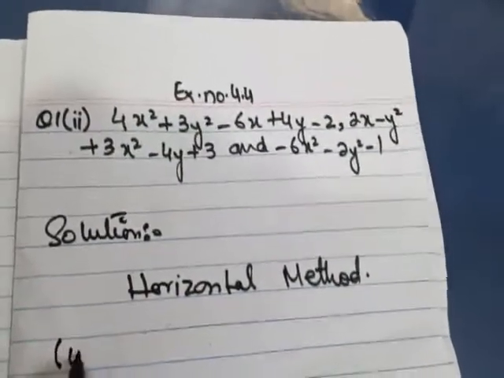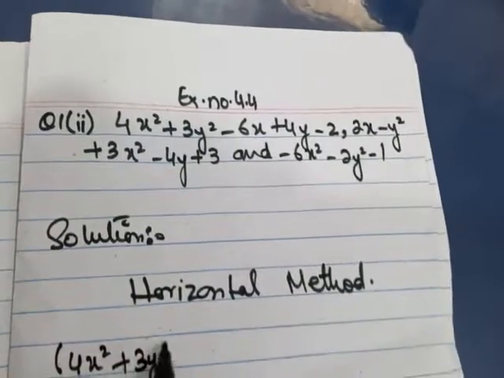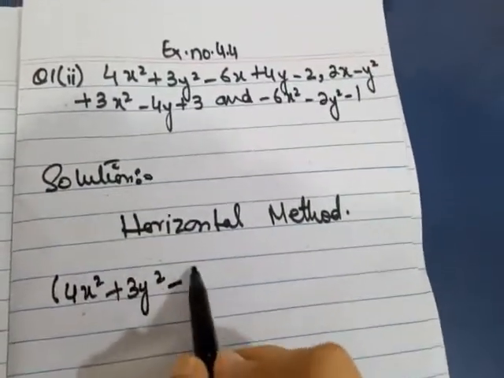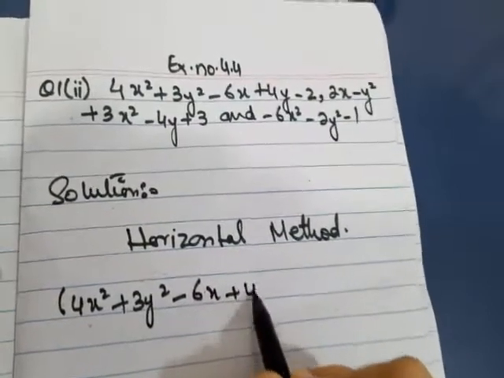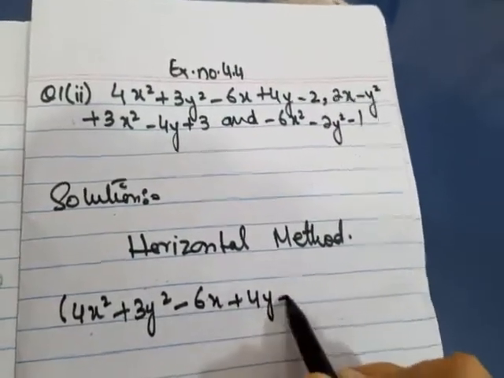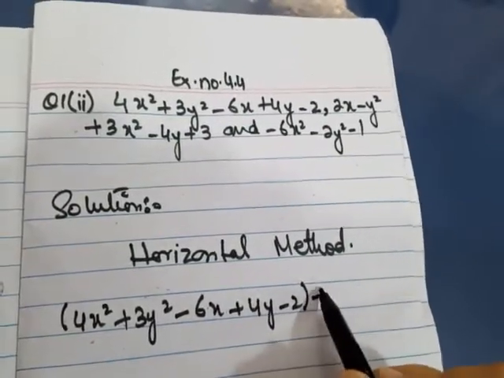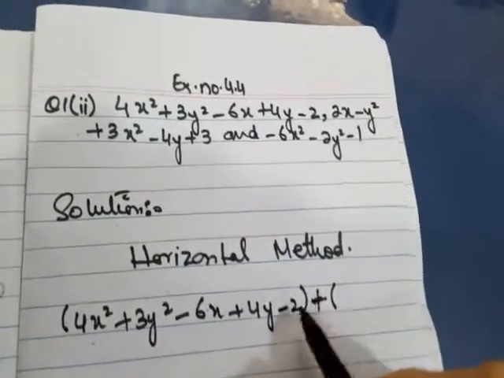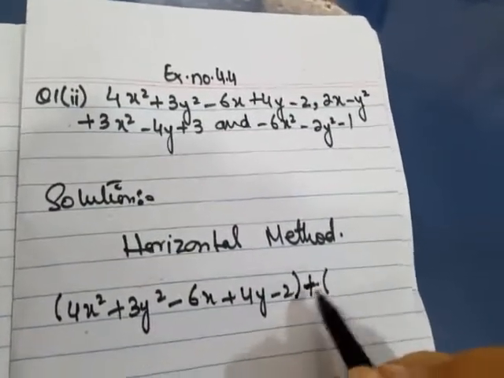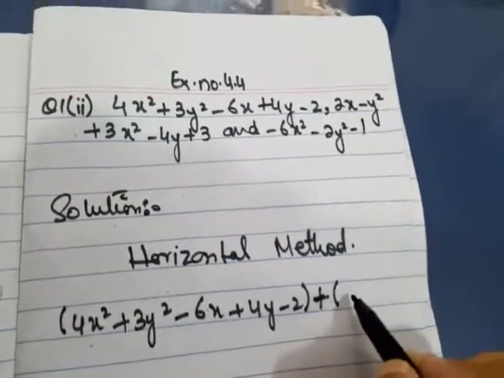The first expression is 4x squared plus 3y squared minus 6x plus 4y. Second, we put the sign of addition after the first expression, and then we copy the next expression.